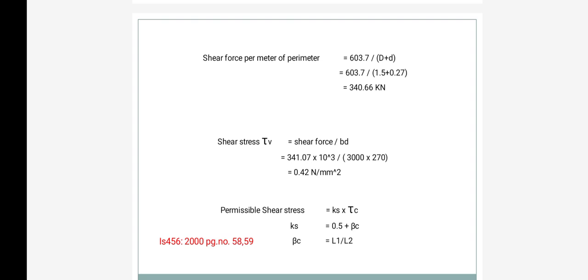Capital D is not the overall depth, it is the column strip capital D, plus small d is the effective depth. Substitute all the values, find out the shear force per meter of perimeter. So answer is 340.66 kilonewton.